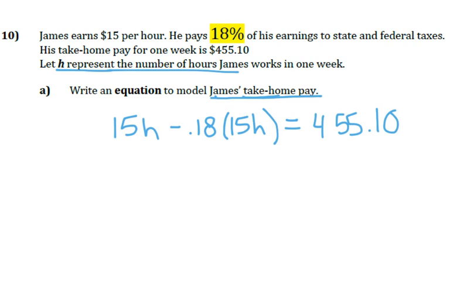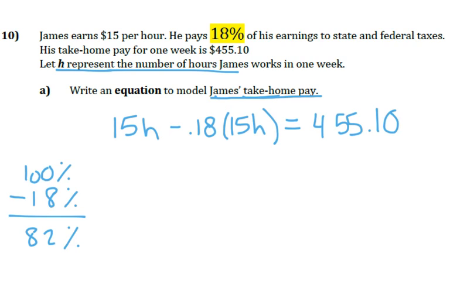So $455.10. Now we could also write this equation in a different way. Note that we have 18% of his earnings going to state and federal taxes. So think about what percent is he actually taking home? What percent is his take-home pay? Well, it is 100% minus 18%, which would give us 82%.